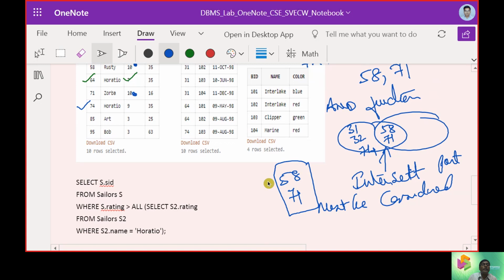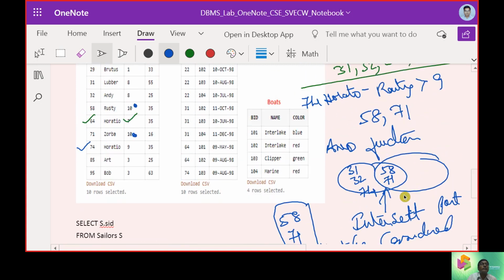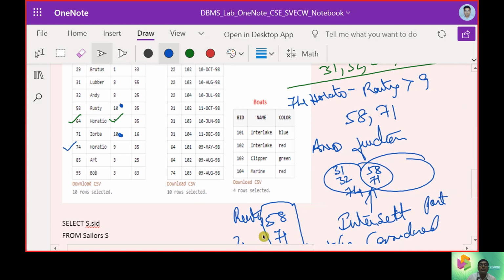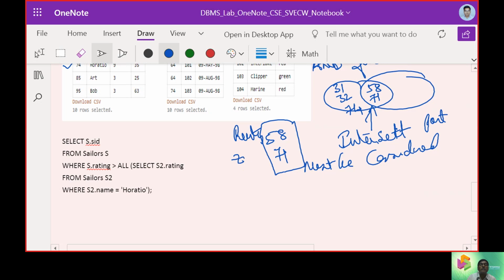So we are going to expect the answer: 58, that is Rusty, and 71, that is Zorba. We should get the answer with two records, 58 and 71. That is what we expect.